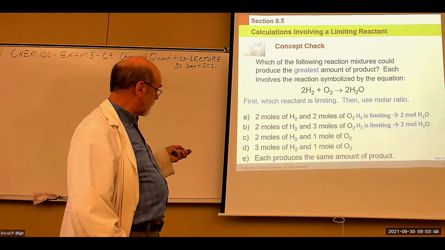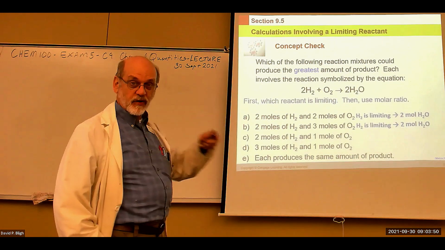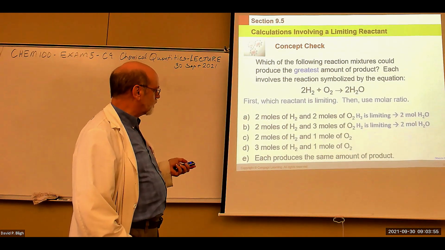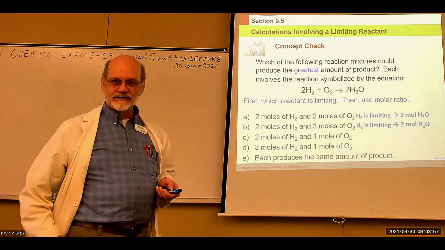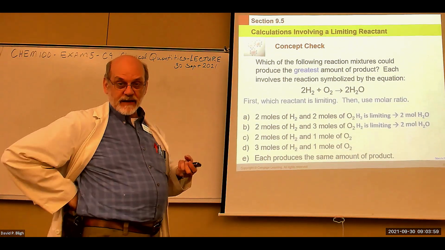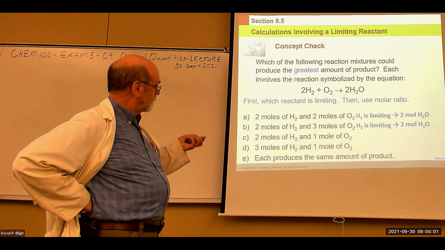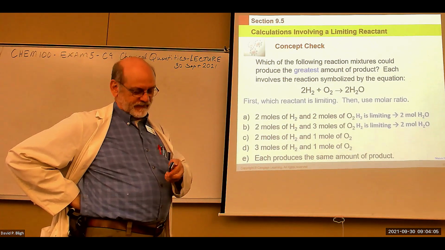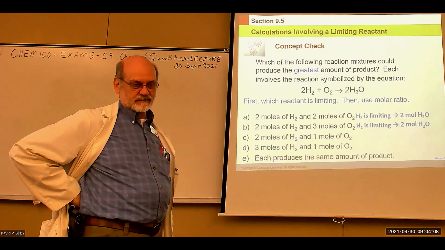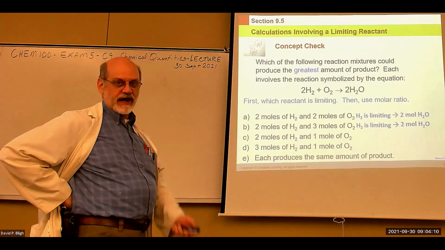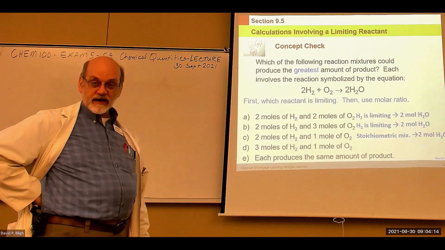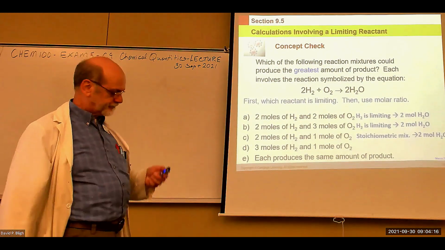Because of the ratio here and here to the product. 2 moles of hydrogen and 1 mole of oxygen, right? Where have we seen this before? 2 to 1, 2 to 1. That's a stoichiometric mixture. And remember, that's theoretical. In the real world, that never happens. But it would theoretically produce 2 moles of water.